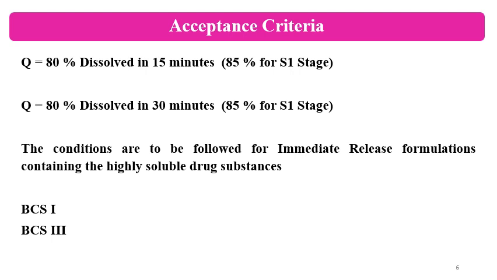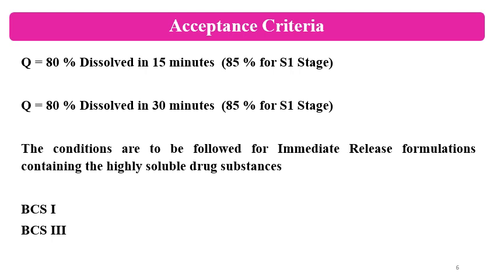Now coming to the acceptance criteria. The acceptance criteria is fixed: Q 80% dissolved in 15 minutes, or Q equal to 80% dissolved in 30 minutes. So 80% release is a must for IR formulations containing highly soluble drug substances, and standard dissolution conditions are required to be followed.